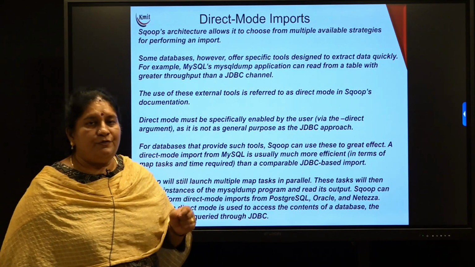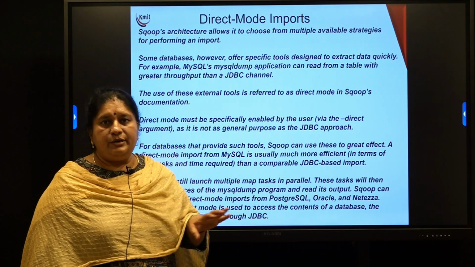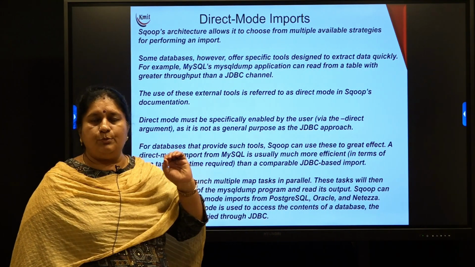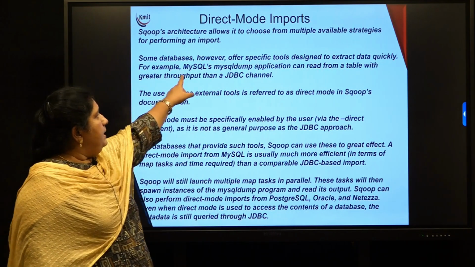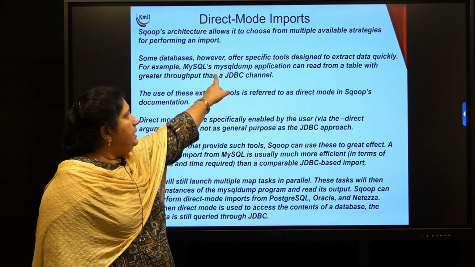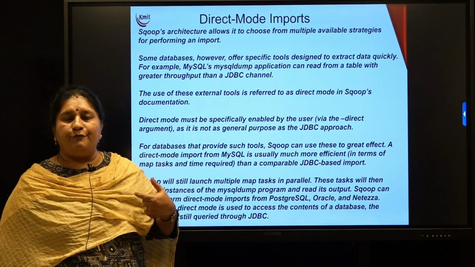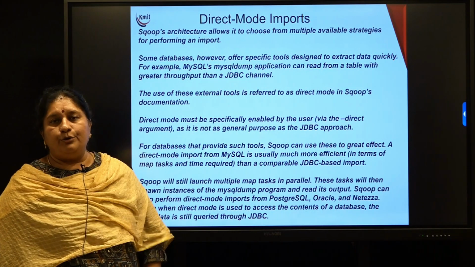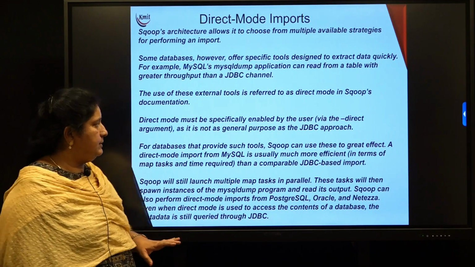But some of the databases provide built-in APIs which do not need JDBC connectivity, but they just provide us the dump of the database. For example, MySQL will provide a dump called MySQL dump, which will allow Sqoop to directly retrieve data from the table and import it into HDFS. There is no need of JDBC connectivity.